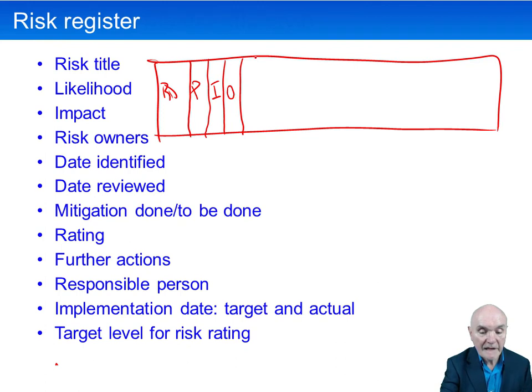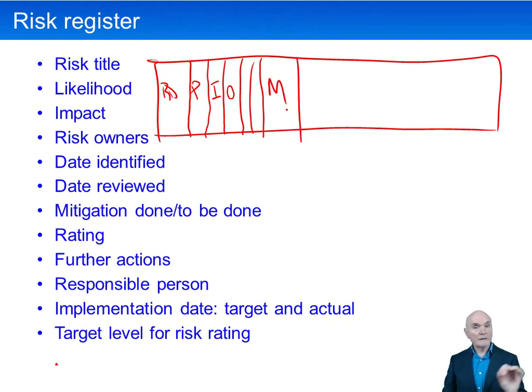We will put on various dates: the dates of identification, the dates on which it's reviewed. Then out here we have the mitigation. What are we going to do about this risk? We might liaise with the customer and say we're reviewing all credit limits. Maybe we're going to reduce your credit limit.